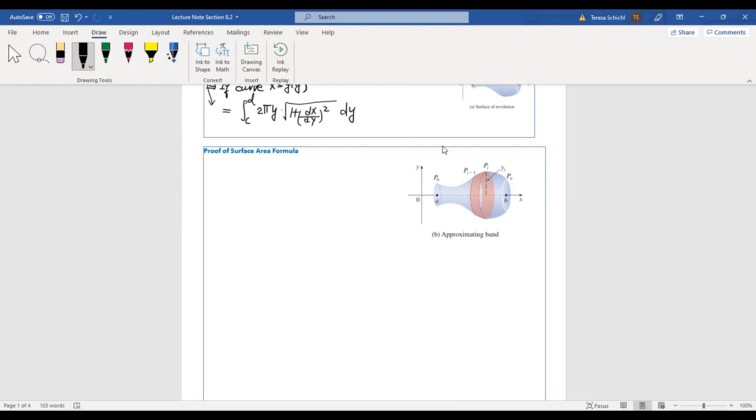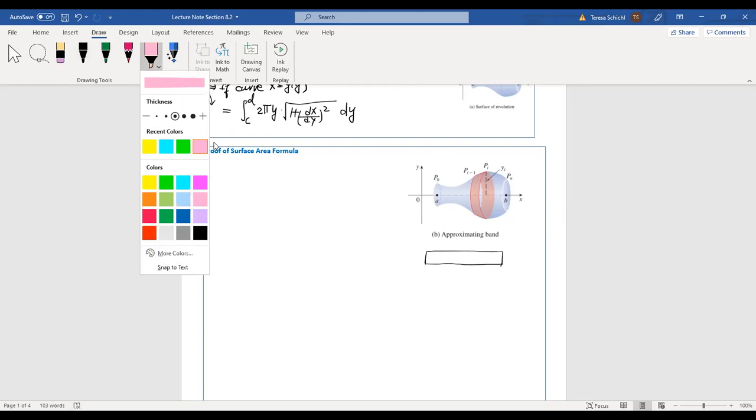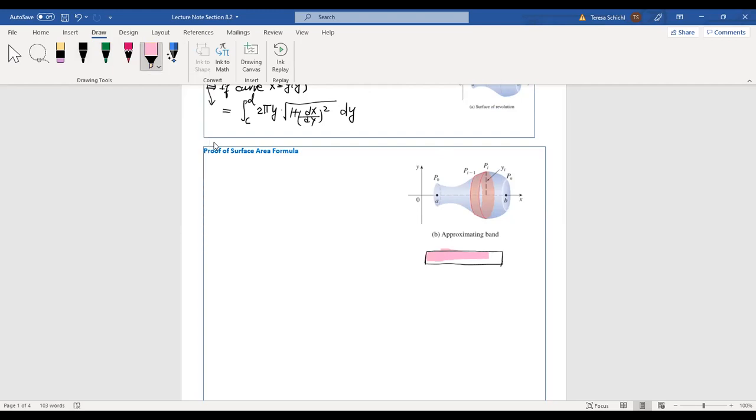If you cut out this single strip and open it up, you will get a rectangle, just like what we show in the picture.